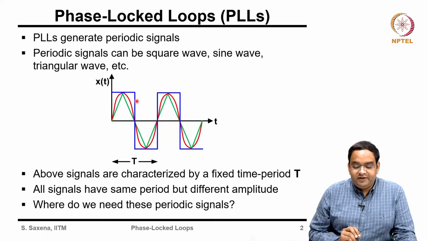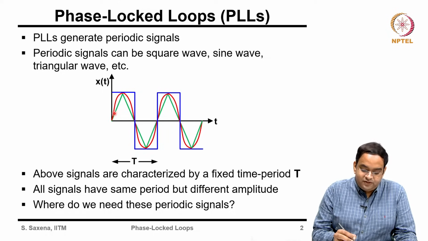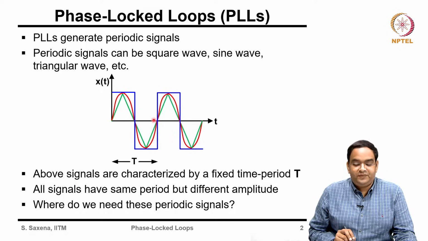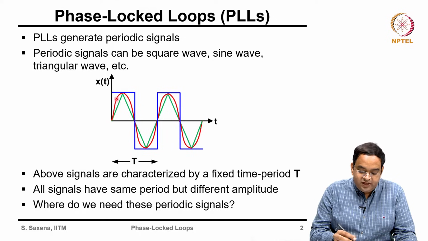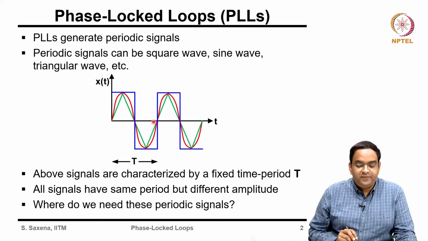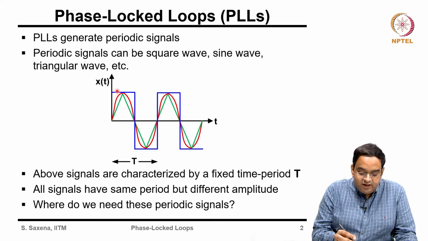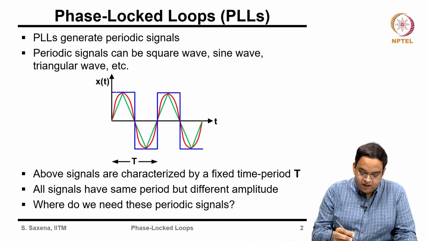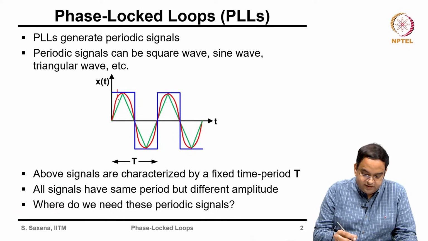Now, this is a square wave signal, it is periodic. Then you see the green one, which is a triangular wave, which is going like this. This is also periodic in time. On the other side, you see a sinusoidal kind of signal, which is also periodic in T. At any given instant of time, the amplitude of all these signals may or may not be the same.